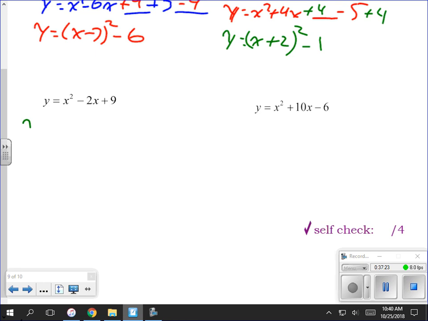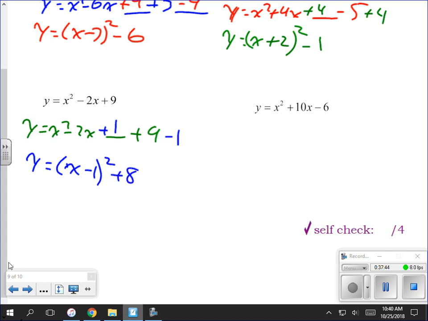Okay, on the next one, y equals x squared minus 2x blank plus 9. Fill in that blank. Half of negative 2 is negative 1, squared. I get 1, so I add 1 and I subtract 1. Y equals x minus 1 squared plus 8. Same thing.